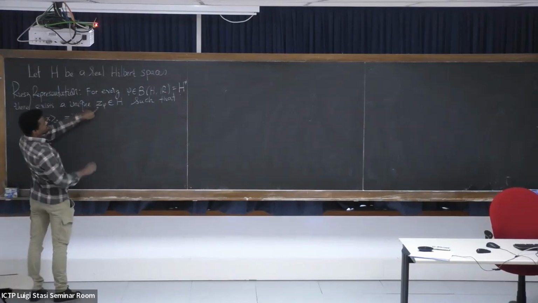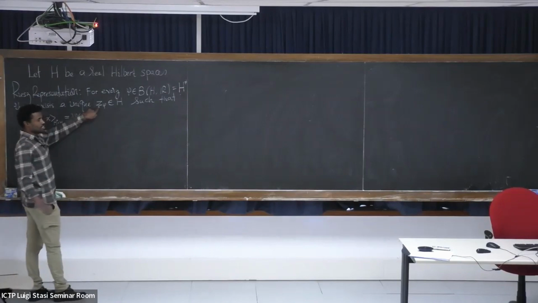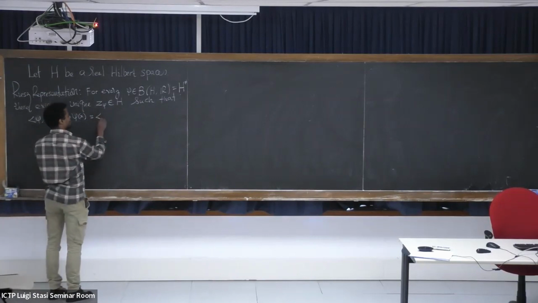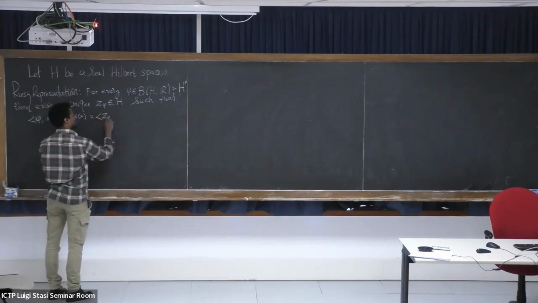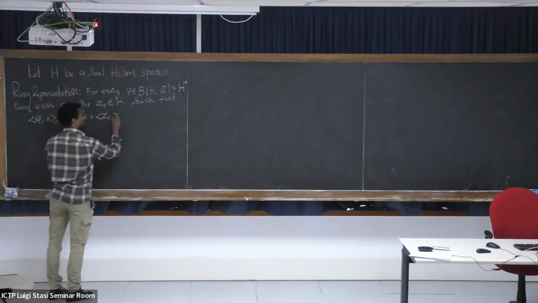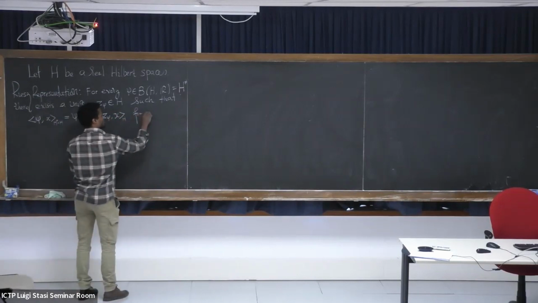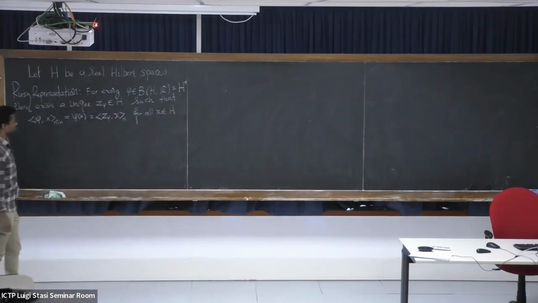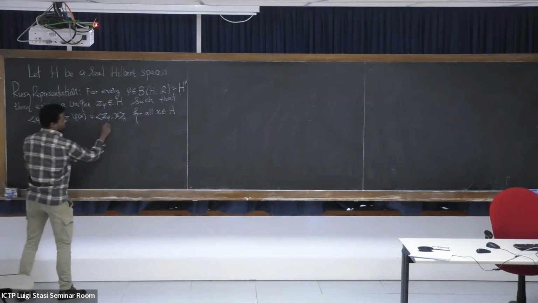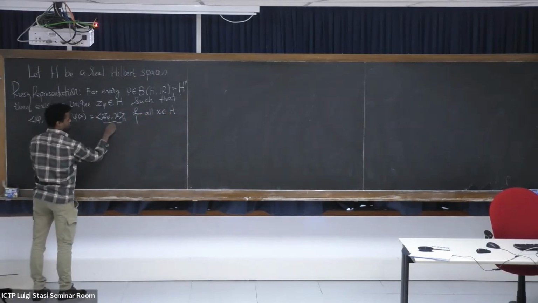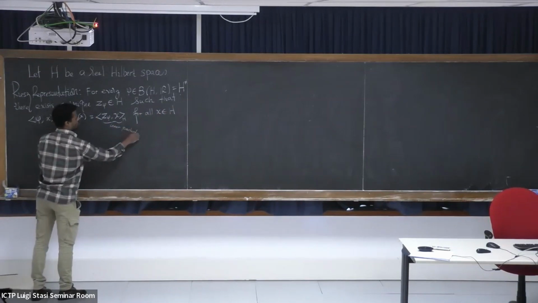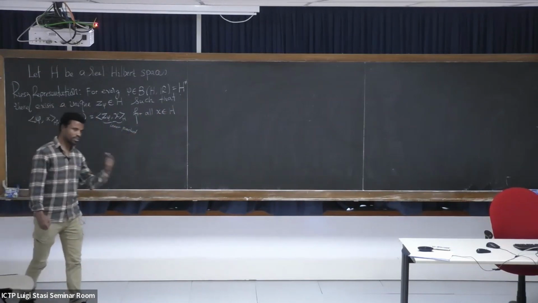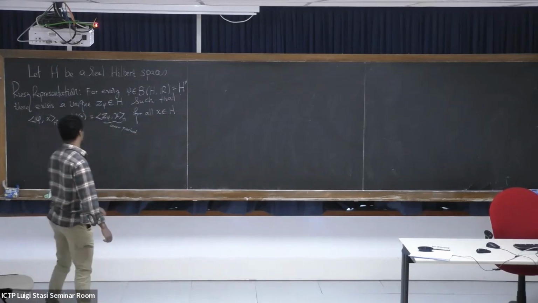You can find a unique element in H such that this can be represented as this inner product in H. So any linear functional can be represented as an inner product.